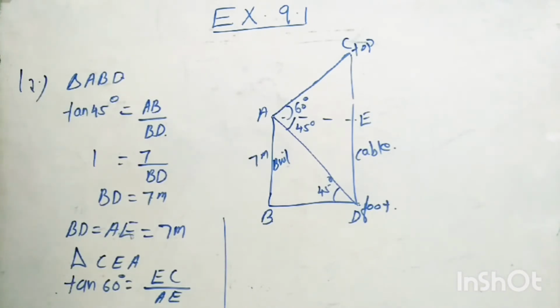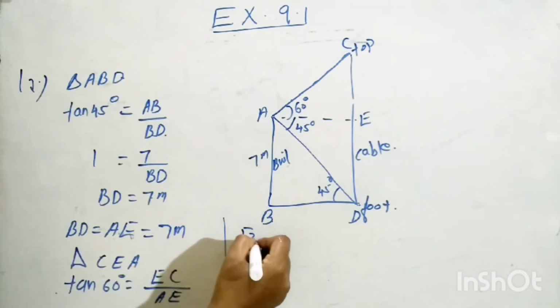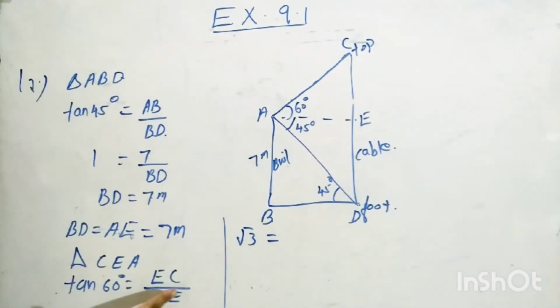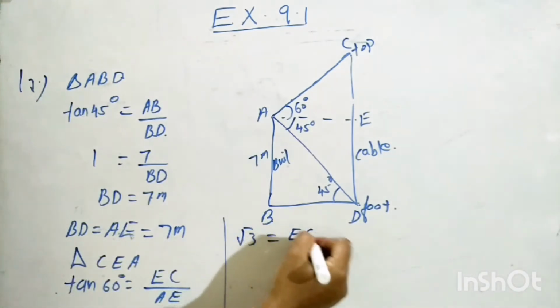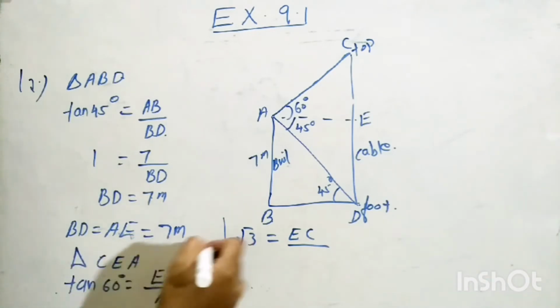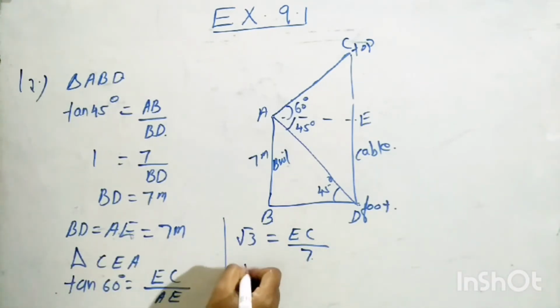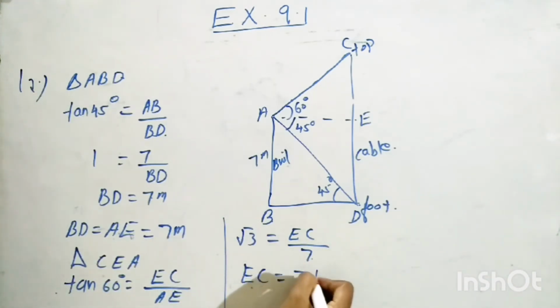The value of tan 60 is root 3, so root 3 is equal to EC, which we don't know, divided by AE, which is 7. We will get EC equal to 7 root 3.